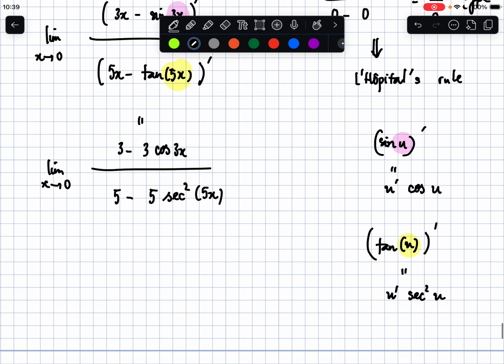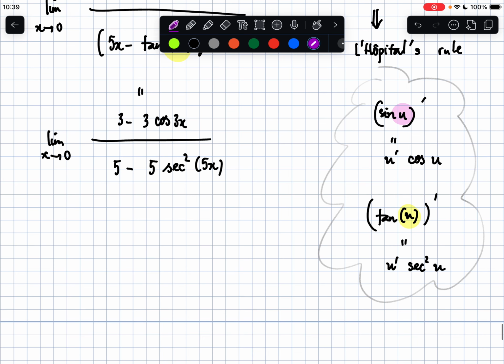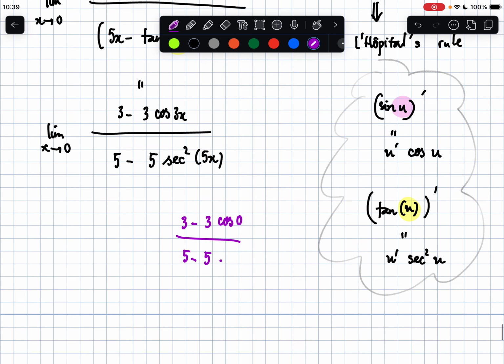Now we check the type of this limit we get. When x goes to 0, 3 minus 3 times cosine 0, which equals 1. 5 minus 5 times secant square 0. Secant is 1 over cosine.